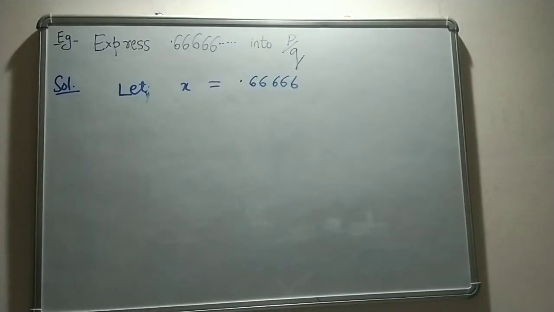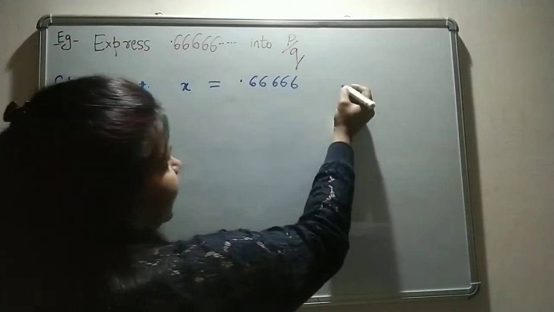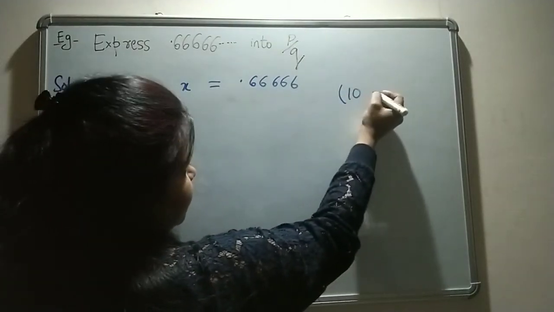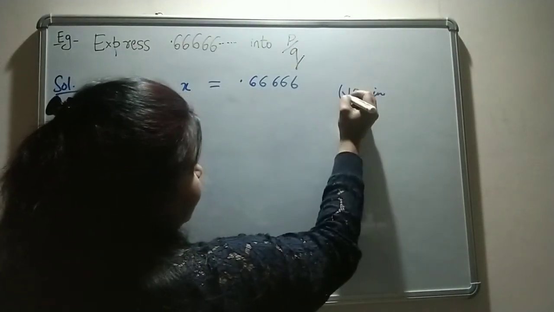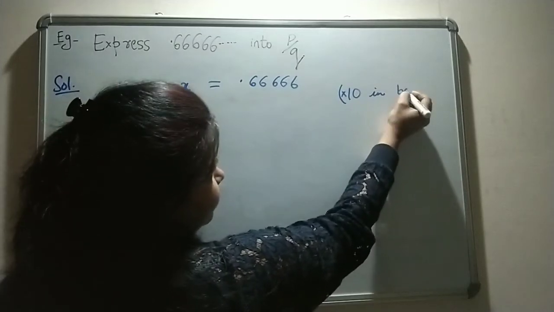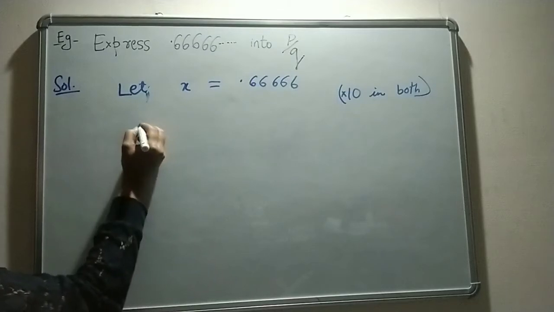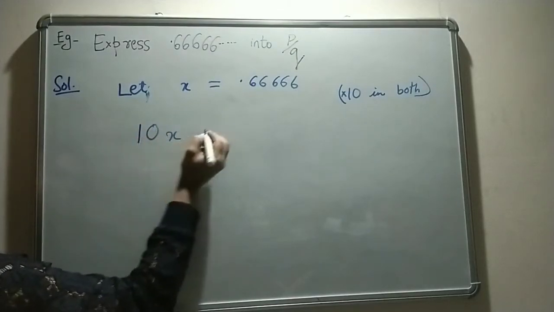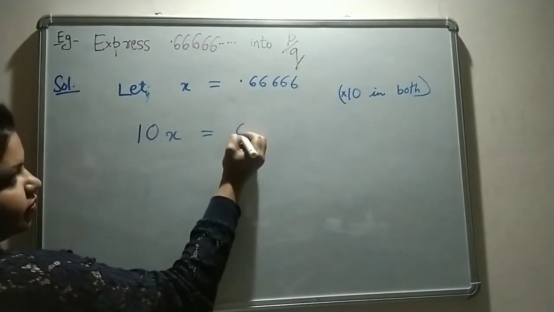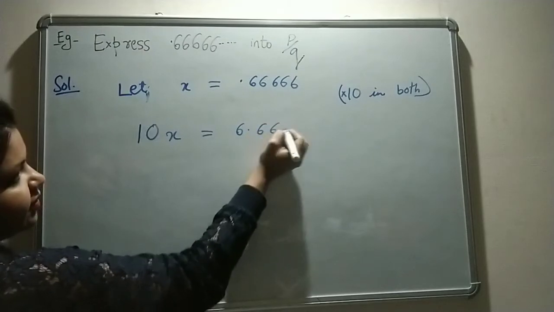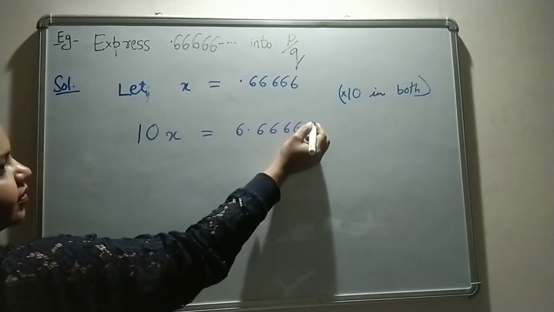When we multiply, we are going to multiply by 10 on both sides. Then we get 10x is equal to what? 6.6666.